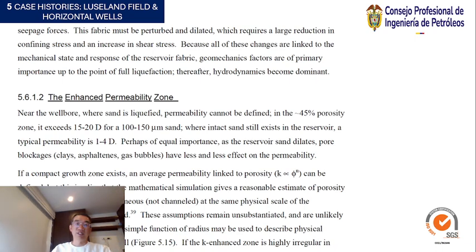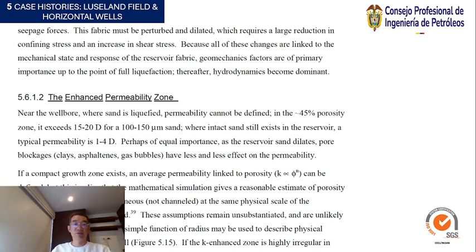1.6.1.2 The enhanced permeability zone near the wellbore, where sand is liquefied. Permeability cannot be defined in the about 45% porosity zone. It exceeds 15 to 20 Darcy for 100 to 150 sand, where intact sand still exists in the reservoir.